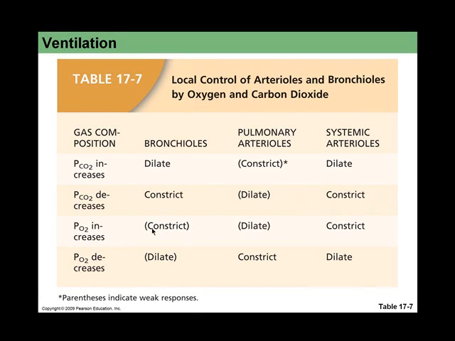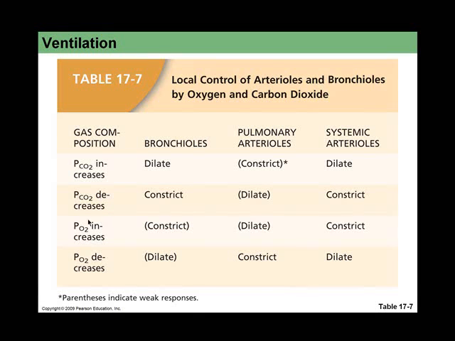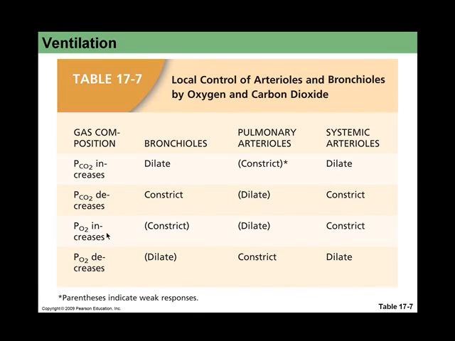If PO2 increases, it is not going to have a big effect on the bronchioles or the pulmonary arterioles, but you're going to get a constriction in the systemic arterioles. So you can see basically the two stimuli that will typically be coordinated. If they're discoordinate, then you have a problem, if you have a high PCO2 and a high PO2, because you've got somebody on really high oxygen and they're not effectively blowing off the CO2, let's say. You can end up with some confusion because things are discoordinate.